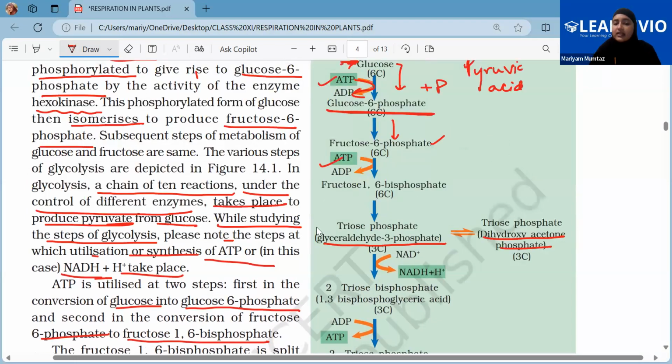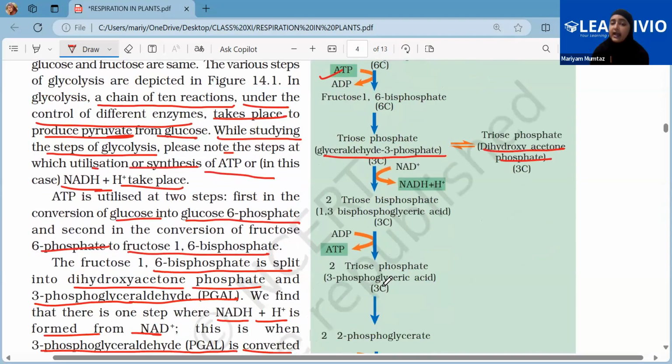Now see, when this 3-carbon molecule, phosphoglycerol aldehyde, gets converted into bis-phosphoglyceric acid, the NADH2 is being synthesized because you see the arrow is towards the NADH2. Now, if you look at this condition, is the ATP being synthesized or is it being released? I mean, it is being utilized. It's synthesized. Yes, it is being synthesized.